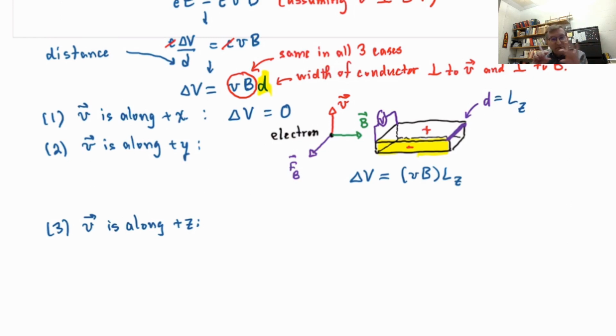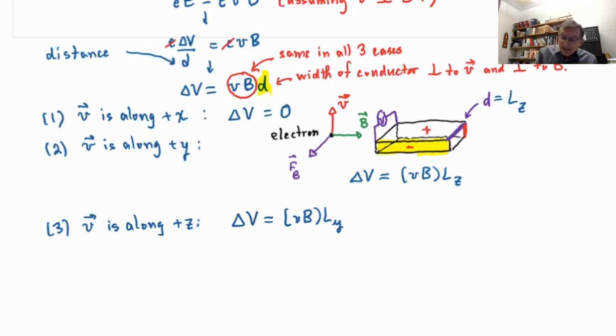And that will tell you what face of the block ends up with an excess of negative charge, and what face of the block ends up with an excess of positive charge. And then you know what distance to use, because it's the distance between those two faces. And what you should end up being able to convince yourself that the formula for calculating the Hall voltage is little v times B, and the appropriate distance is Ly, which is this short distance right here.